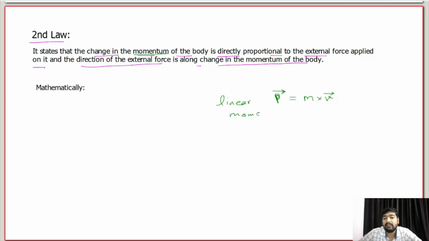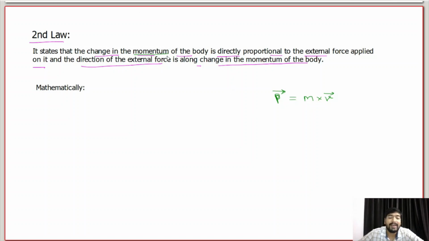One more thing, whenever the word momentum alone is said or written, it means linear momentum, until and unless the word angular is added before it. So if angular is not there, then it is only linear momentum, by default. So this is our linear momentum denoted by p.